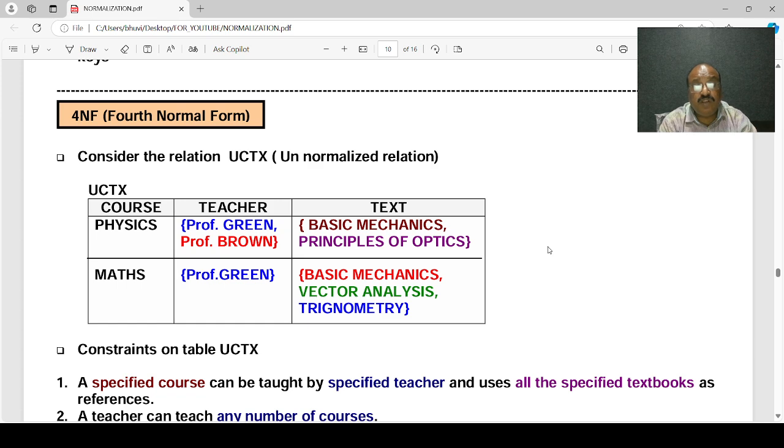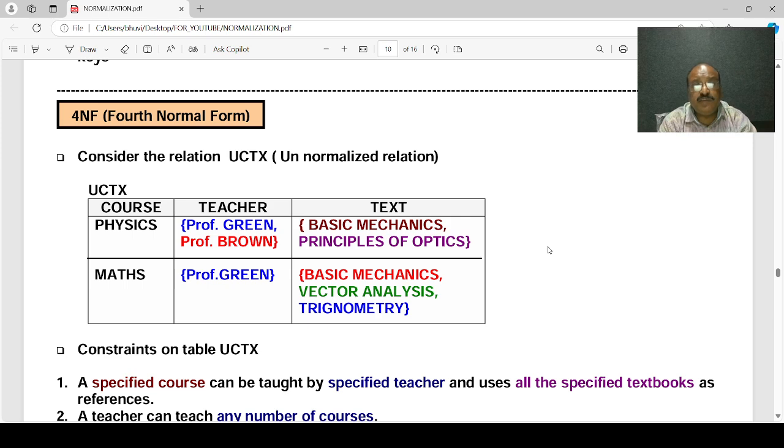But Professor Green also needs to prepare basic mechanics, vector analysis, and trigonometry textbooks. He needs to refer to basic mechanics, vector analysis, and trigonometry to teach mathematics. So these are all the constraints. With these constraints, I'm expanding the table.